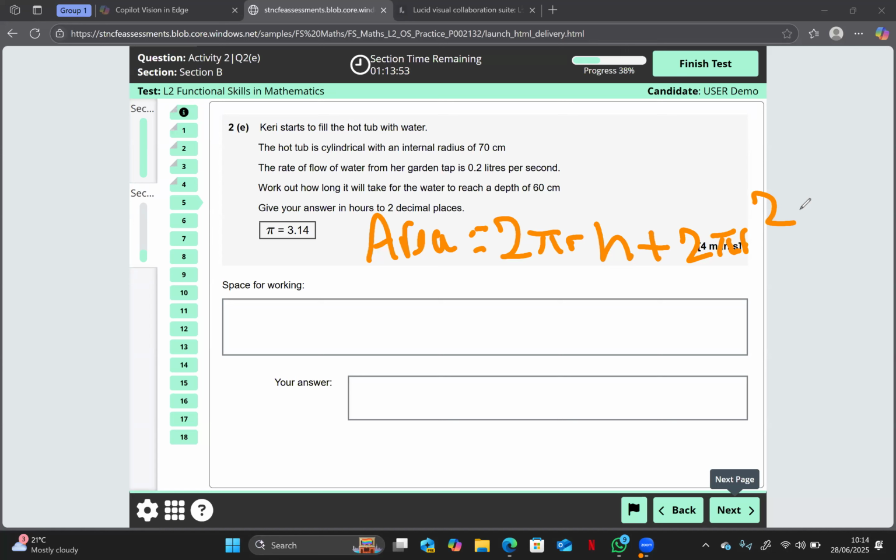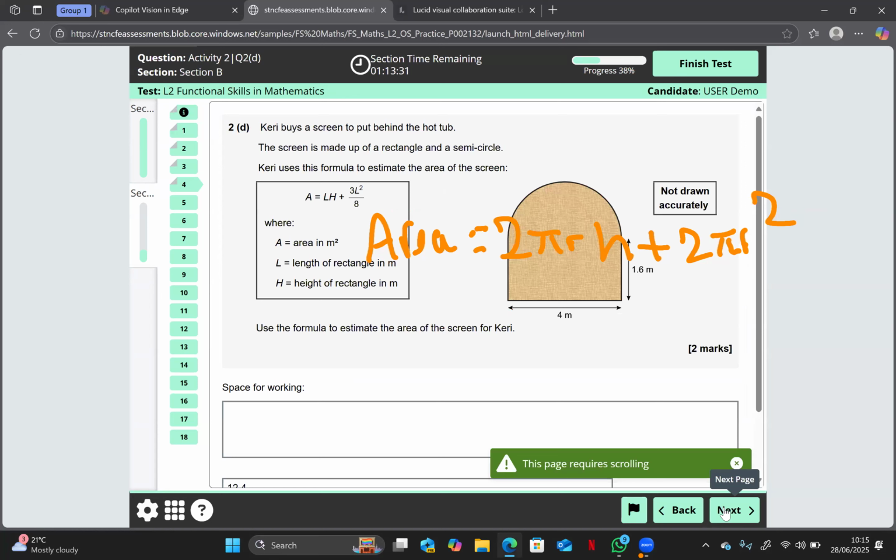So the height, the hot tub is cylindrical. And we know the height it told you before. If we go back, we know the height is 1.6.